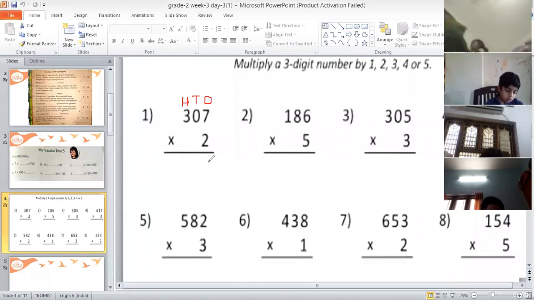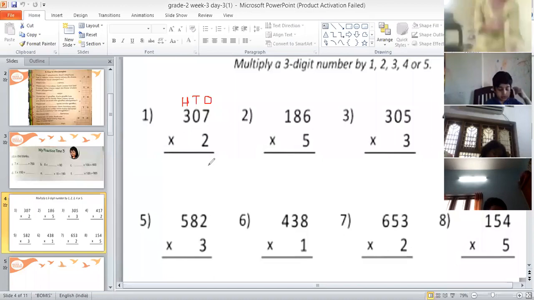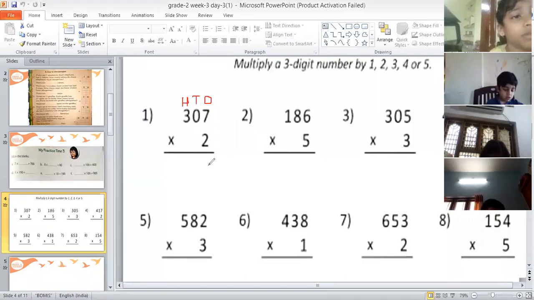Okay, first question. Yeah, Meghna. Meghna, are you there? First question is 307 multiplied by 2. Which number table? 2 table. Very good. So we will multiply this 2 with the number in ones place. So 2 sevens are 14.